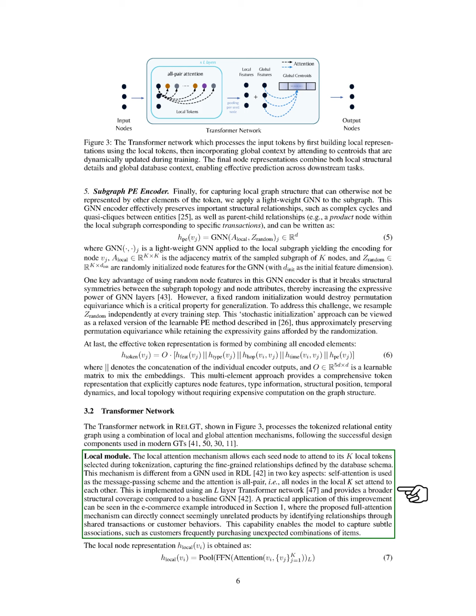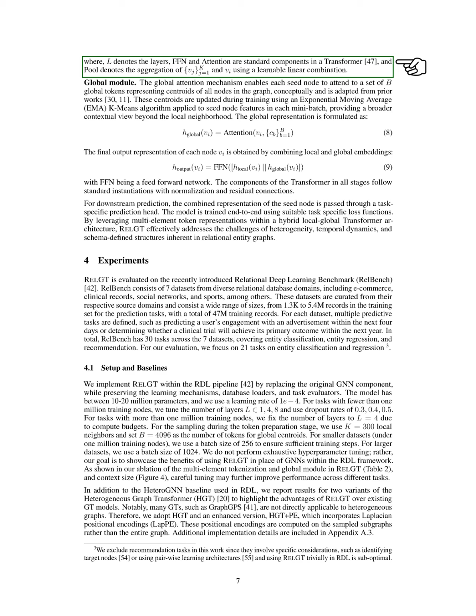An example of this improvement is seen in e-commerce, where our attention mechanism connects seemingly unrelated products by identifying relationships through shared transactions or customer behaviors, allowing us to capture subtle associations, like unexpected item combinations frequently purchased together. The local node representation is derived from multiple layers of the transformer, where standard components like feed-forward networks and attention are used, and we aggregate local tokens through a learnable combination.